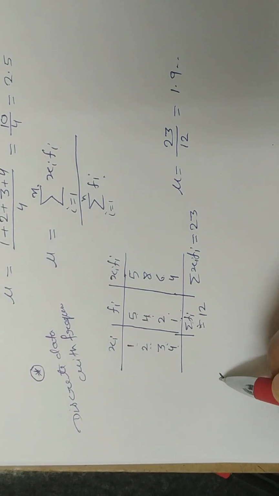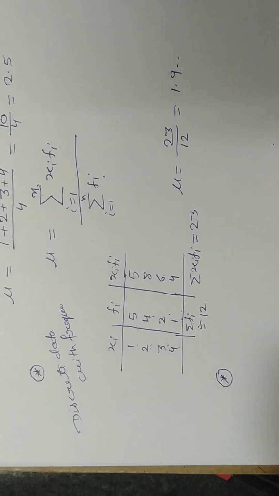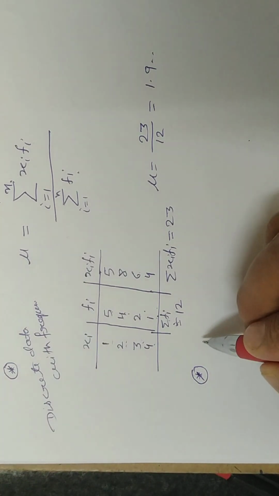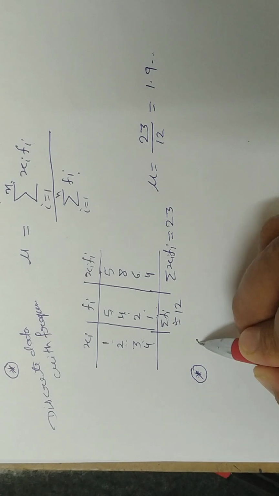Now the third type of problem is if we have continuous data. Continuous data means we have grouped data.